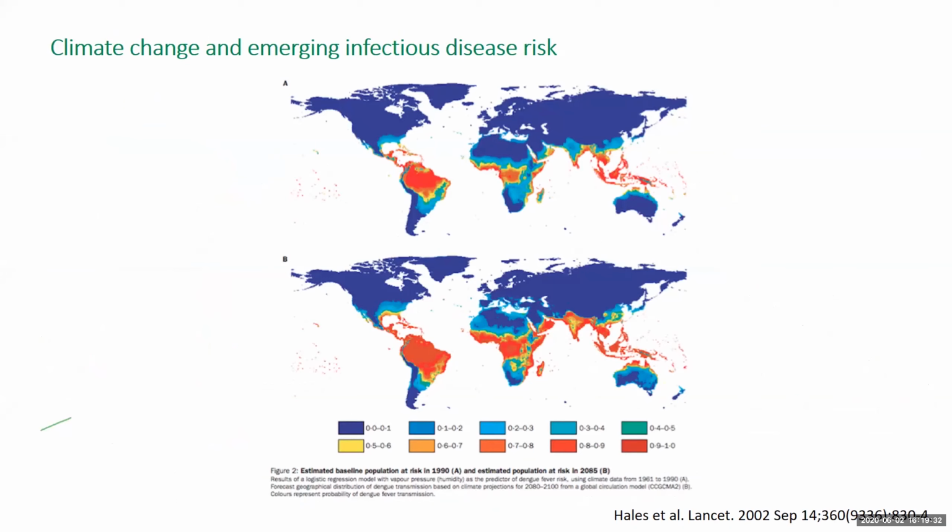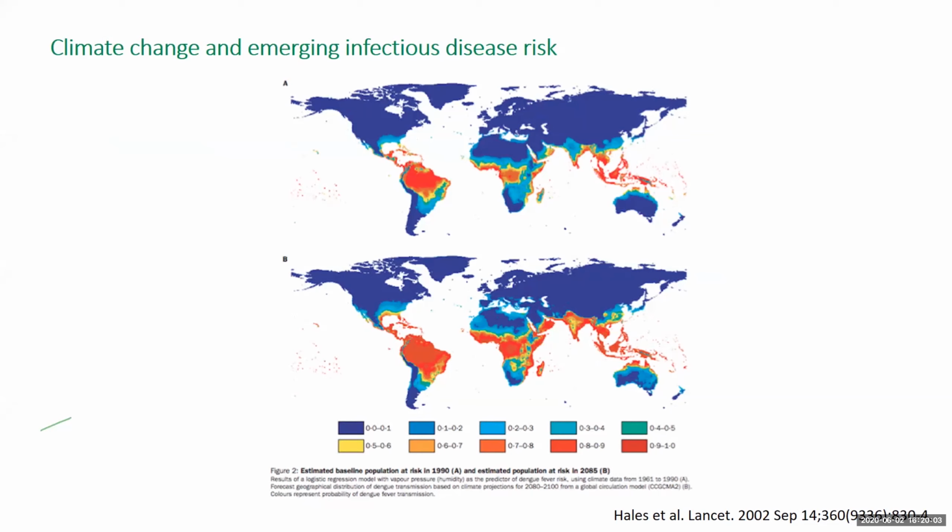Another vector-borne disease, dengue virus, and vector-borne diseases in general could be quite influenced by climate change. This map shows the estimated population at risk at the top in 1990 and the predicted population at risk of dengue in 2085, based on climate change factors increasing the distribution of the Aedes mosquito vectors.